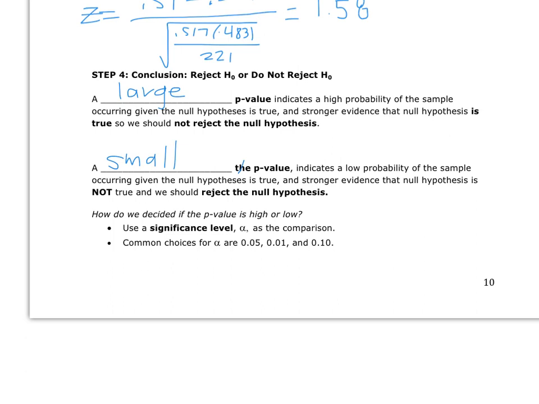Well, we use a significance level, which we use alpha to stand for, as what we compare. So just like with confidence intervals where we choose our level of confidence, in hypothesis testing we can choose our significance level alpha. And typically, most common is 0.05 and then 0.01 and 0.10 as well.